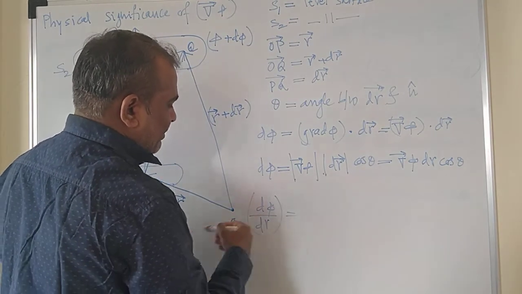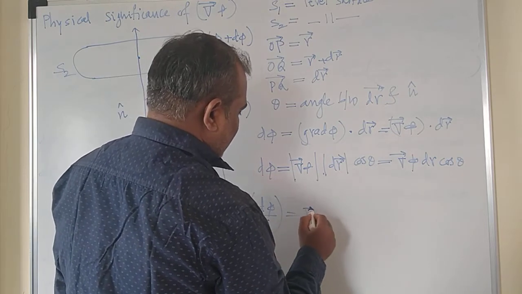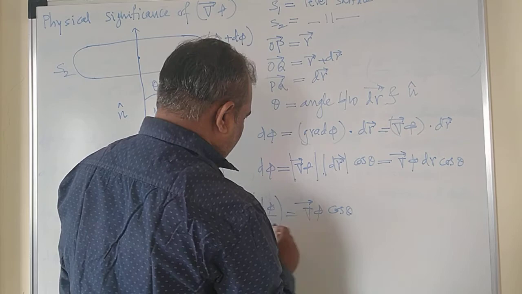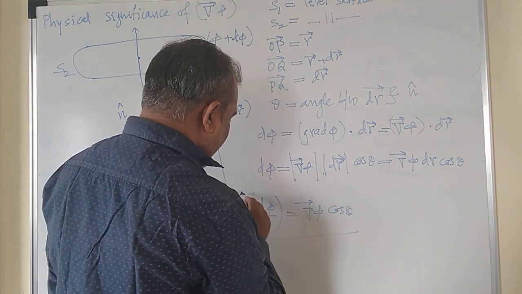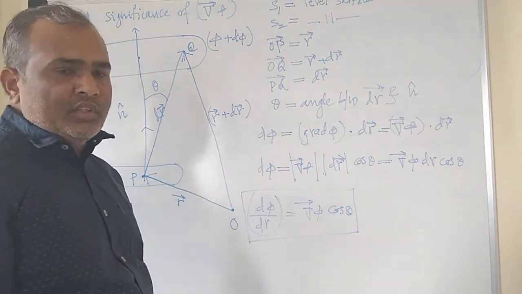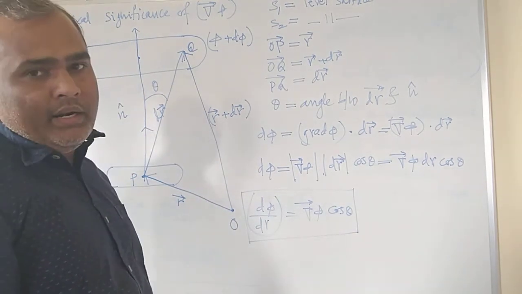I will shift dr bar on the other side and you will get del phi into cos theta. So what is this? Del phi by dr is the rate of change of the scalar point function with respect to r.